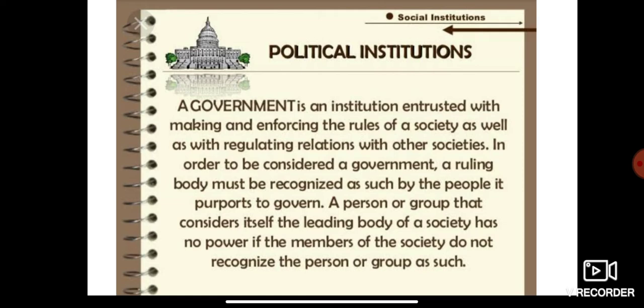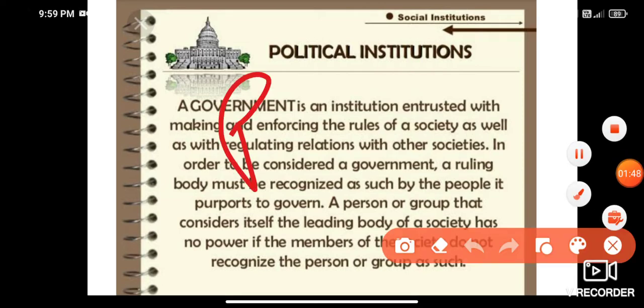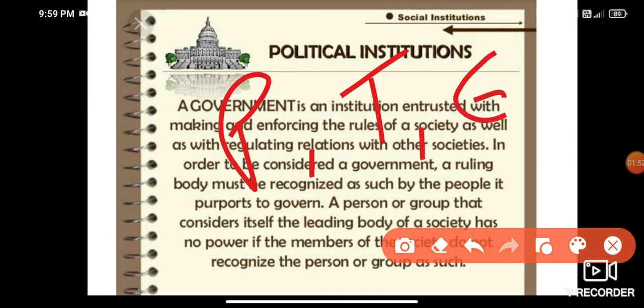The four essential pillars or elements on which a state stands are, number one, population, territory, government, and sovereignty. Please remember PTGS.